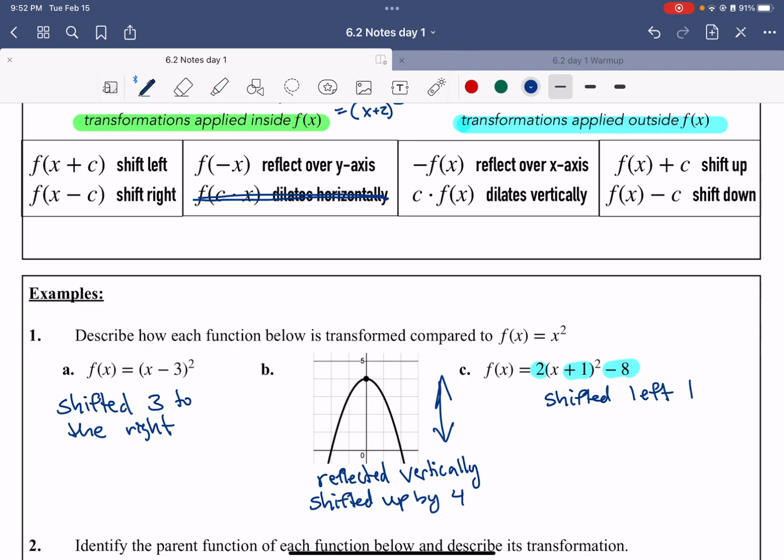So I look outside my parentheses and I have that 2. And so that's dilated, and it's bigger than 1. So I'm going to be stretched by 2. Or you could say stretched by a factor of 2. If it was less than 1, I'd say that it was shrunk. And then the last thing is that -8. And so that is shifted down by 8. All right, so that is it.